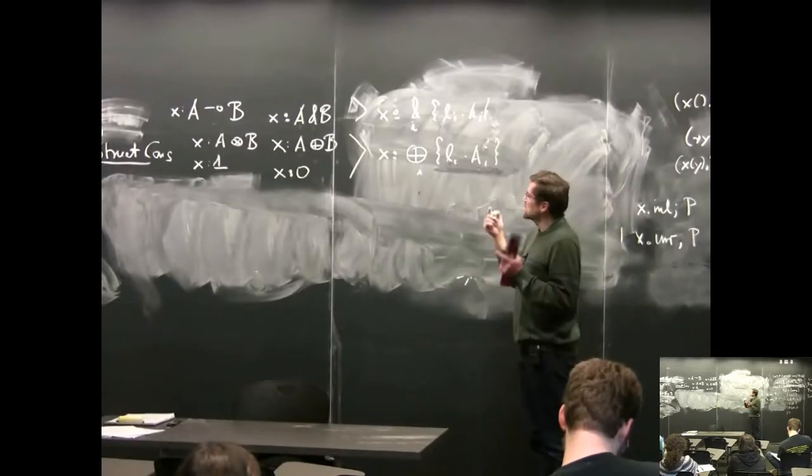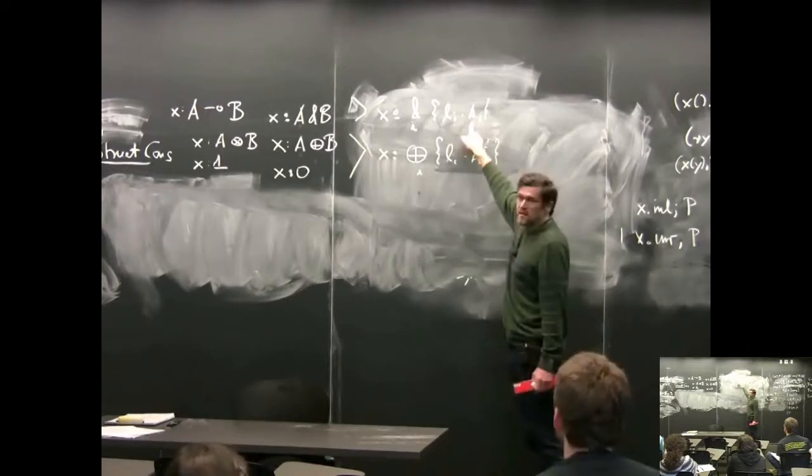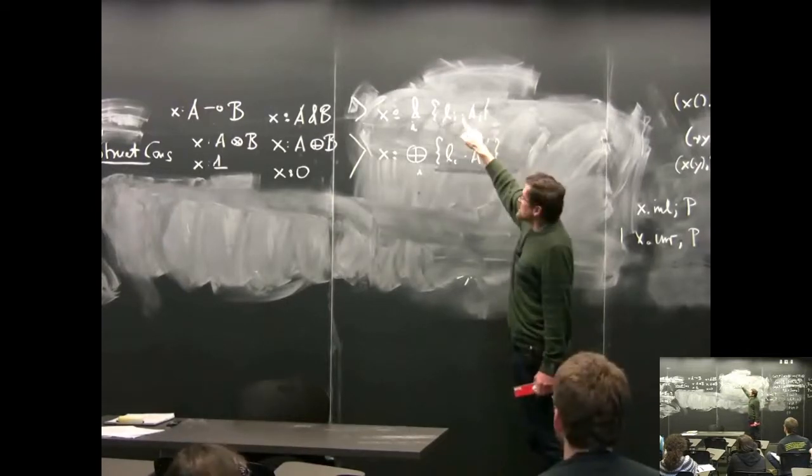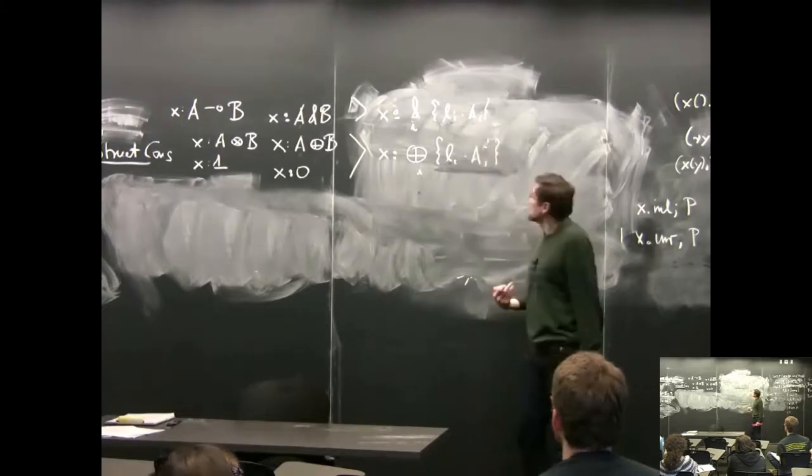And I have to send to the service the label i instead of in left or in right. I send it the i and say I want the ith one. And so as the server, I have to be prepared to produce any of them, because I don't know what the client is going to choose.